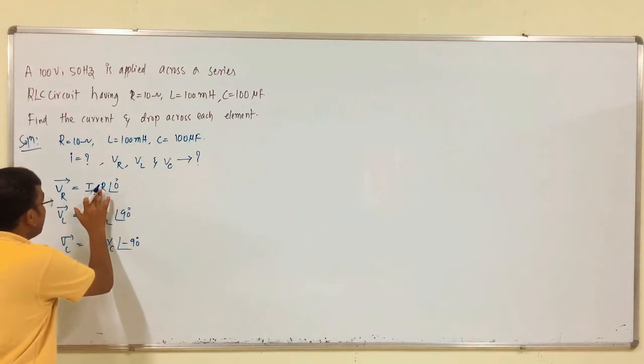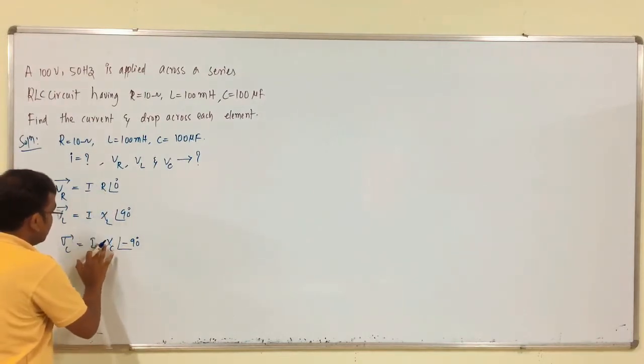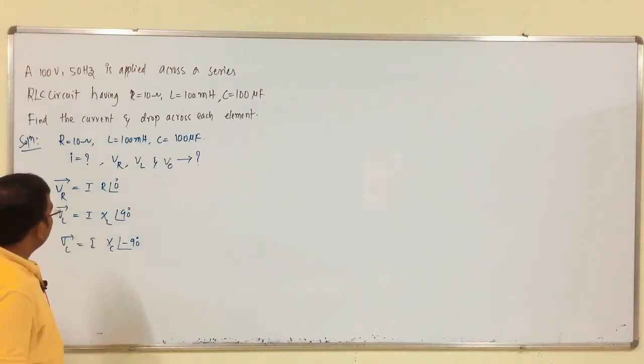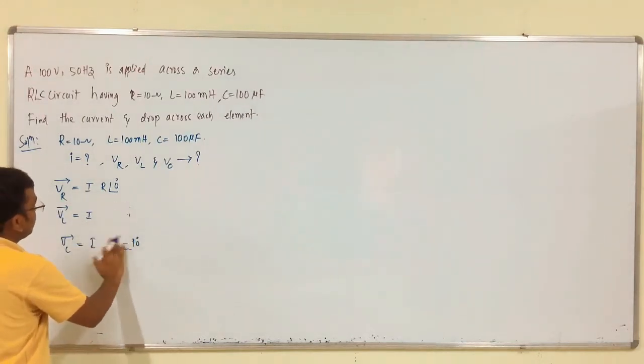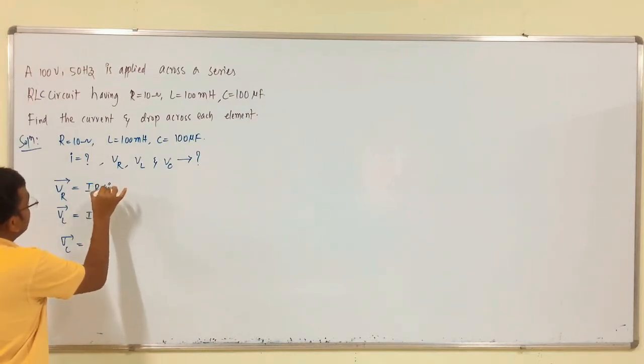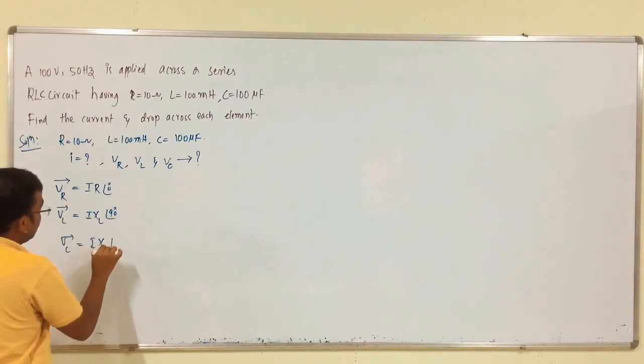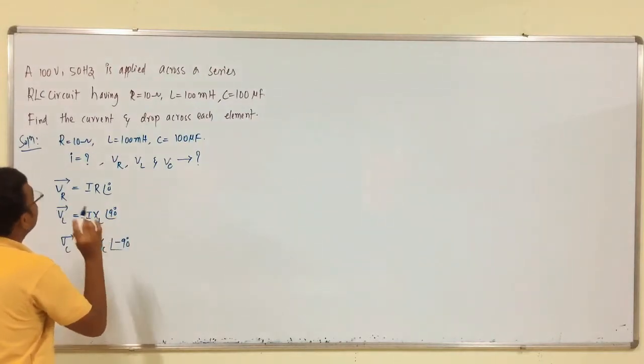Whether it is maximum or RMS, we don't know. It's better to erase this. So this is R at an angle 0, XL at an angle 90, XC minus 90.